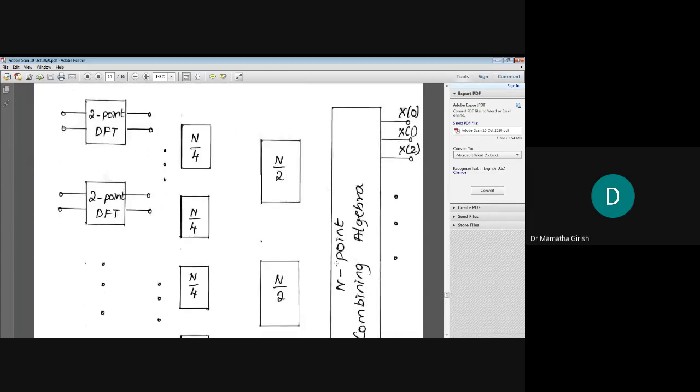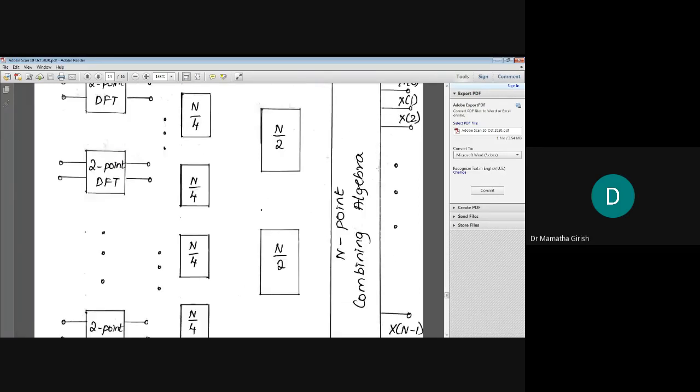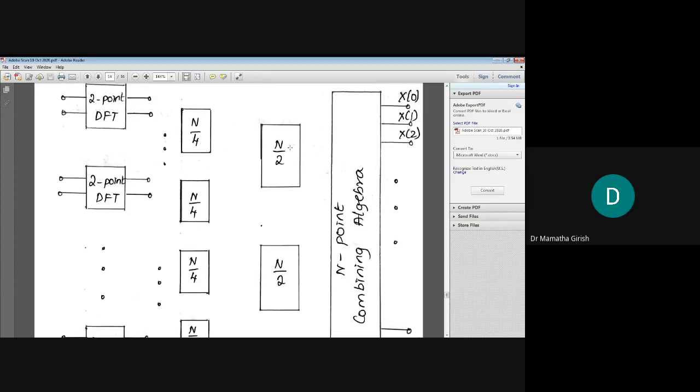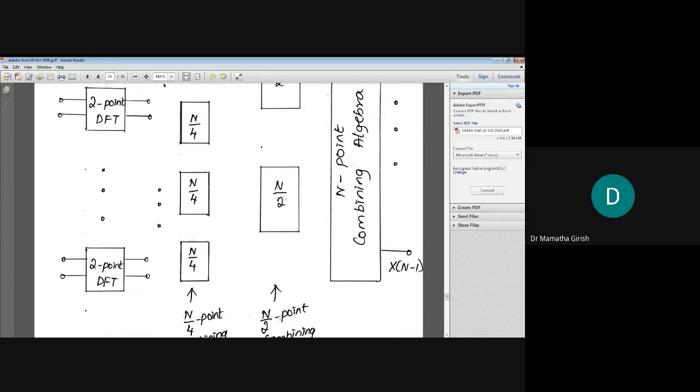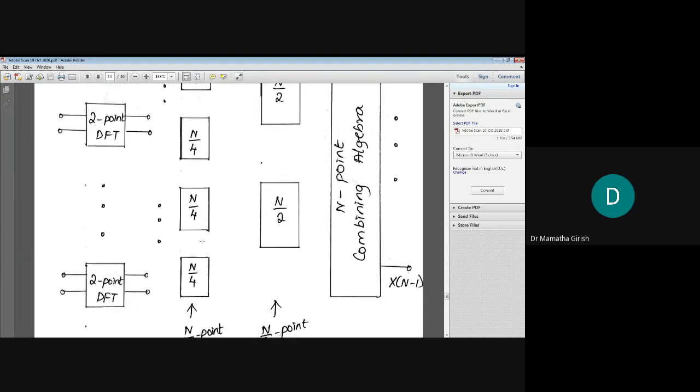So in general, n-point decomposition can be structured like this. The first stage, whatever the given n-point DFT, has to be divided into 2 n by 2-point DFTs. Then each of these n by 2 should be divided into 2 n by 4 DFTs.